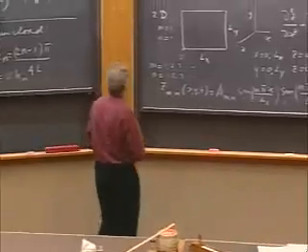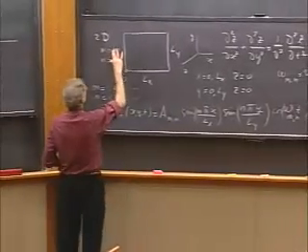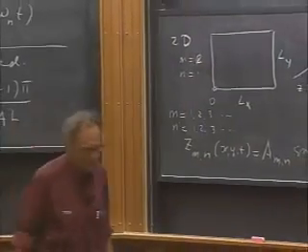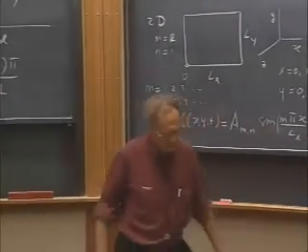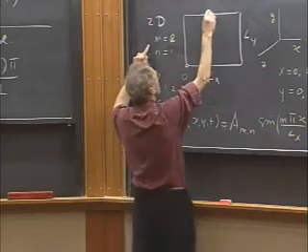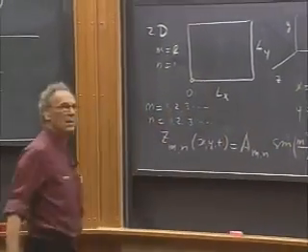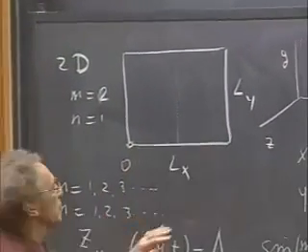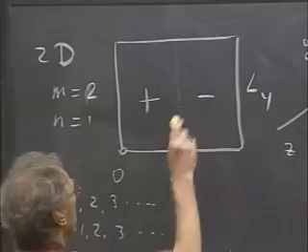If, for instance, we had m equals 2 and n equals 1, then we would have, in the direction of m, plus and minus. This part would come to you while this part goes away from you, so a plus and a minus.